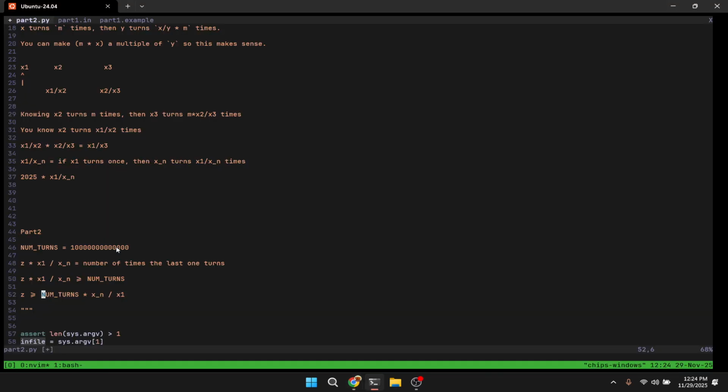Yeah, you want to take the first whole number that satisfies this. So z is real in general, but you want to take the first number such that z satisfies this equation and z is a natural number.